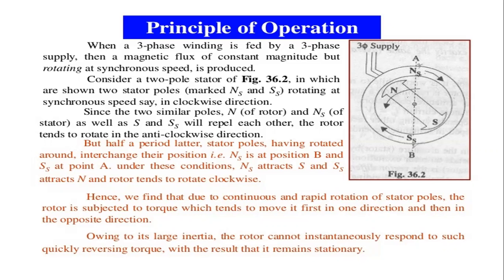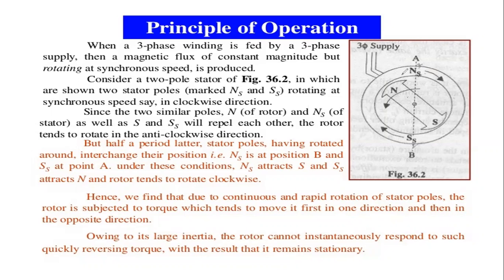But half a period later, the stator poles have rotated around, half of the cycle completed. Therefore, the north pole N and SS are in the same position, and S and NS are in the same position.